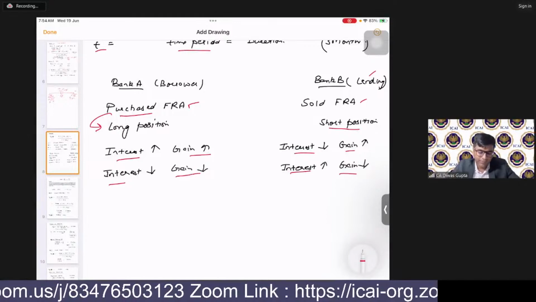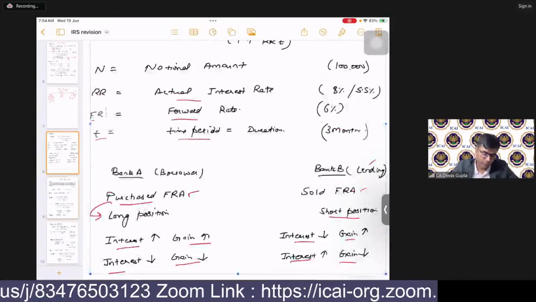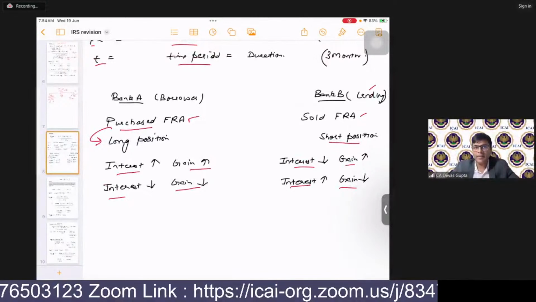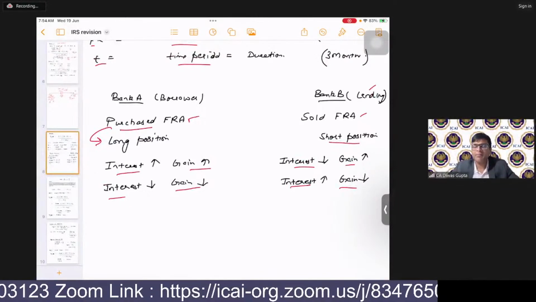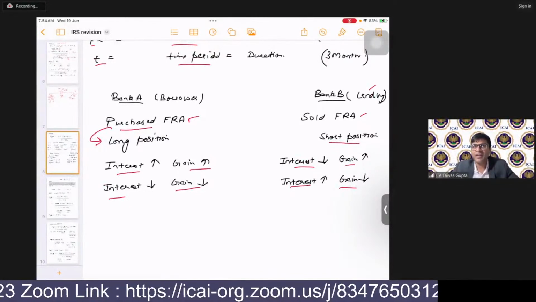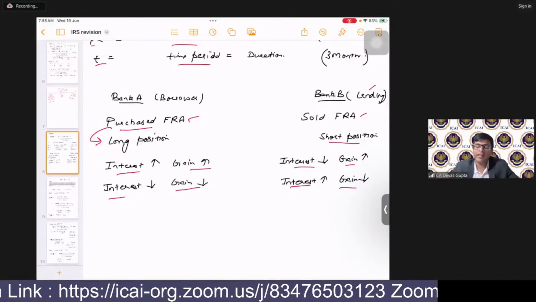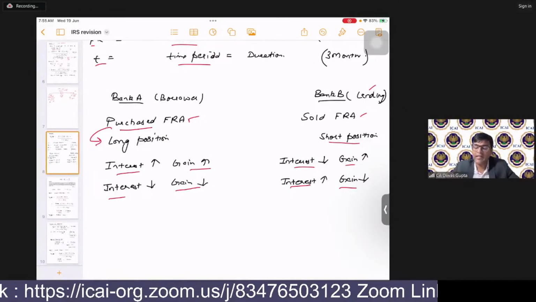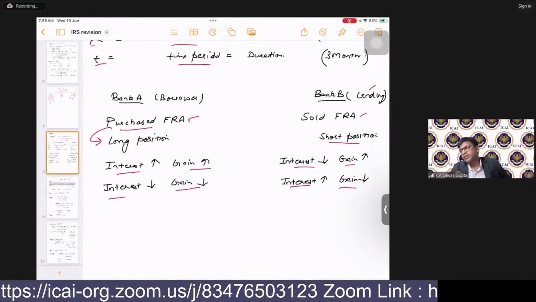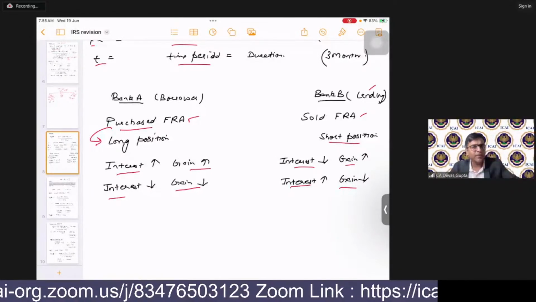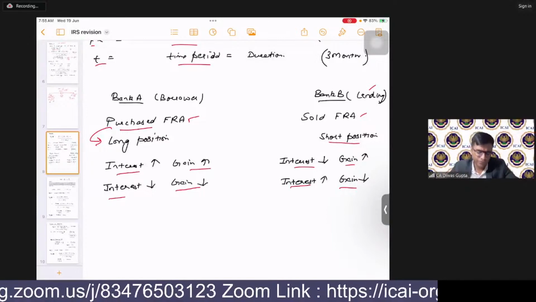Clear and simple. So can we keep in mind that purchasing the FRA is as good as borrowing under an FRA? Selling the FRA is as good as investing or lending under that FRA, students. Okay, clear? Any other doubt till now?